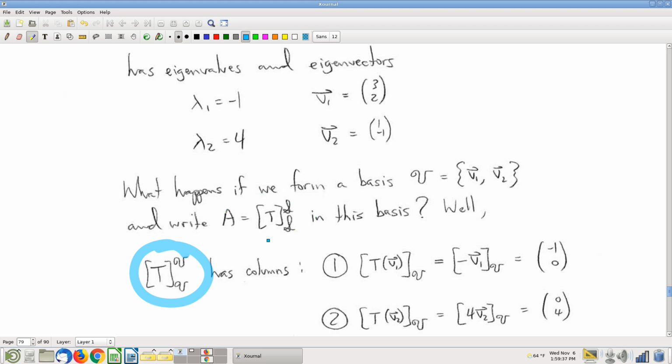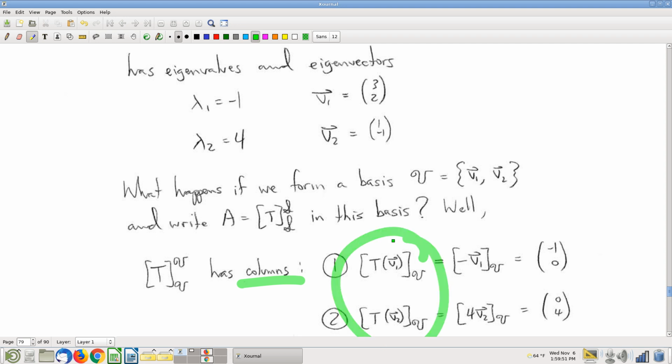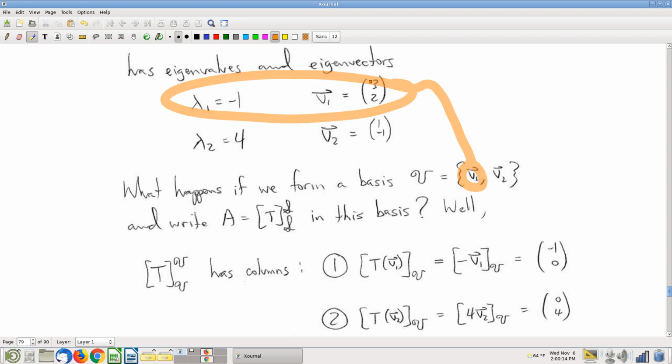We have a formula for this, right? We take these basis vectors, we apply the linear transformation to them, and we write the outputs in that language. So the columns are those. That's from 5.3, the way you represent a linear transformation in the language of a given basis. Those are the columns. And this is an easy calculation, at least in this case, because V1, that first basis vector, is an eigenvector, so T of V1 is negative V1.